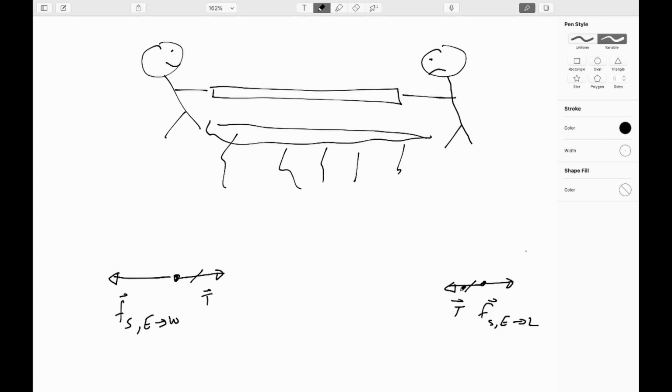So if you take a look at here, I should probably draw in some normal forces and gravity while we're at it. So there's normal force from the Earth on the winner. Same length there. Should be a force of gravity on the winner. Here's a normal force on the loser. There's a force of gravity on the loser.